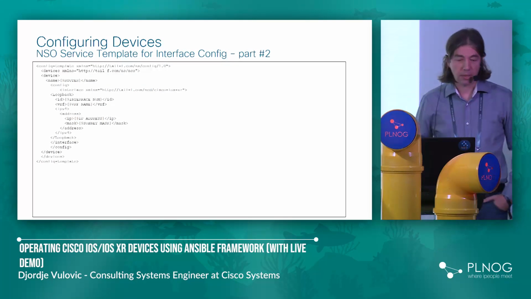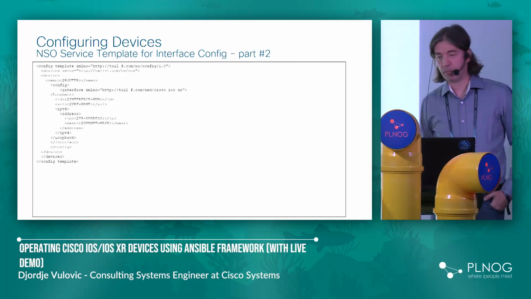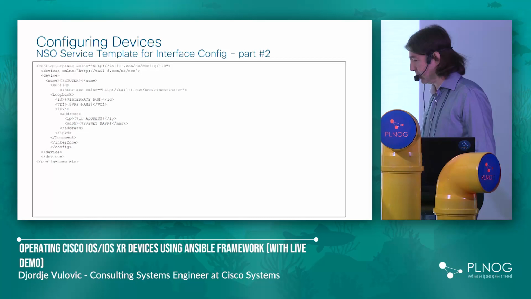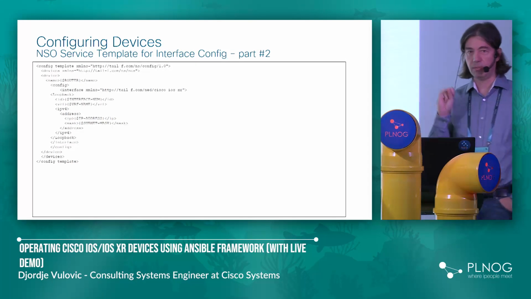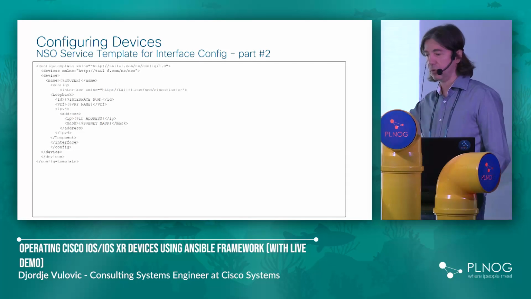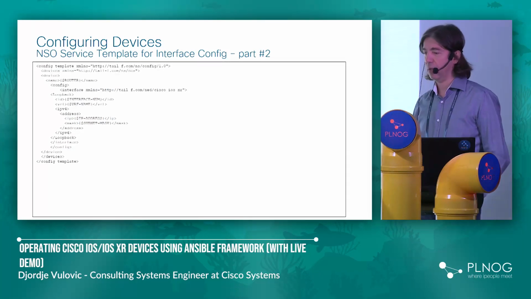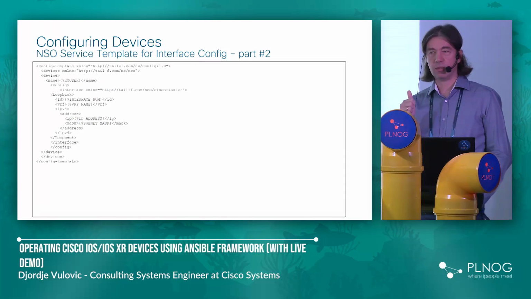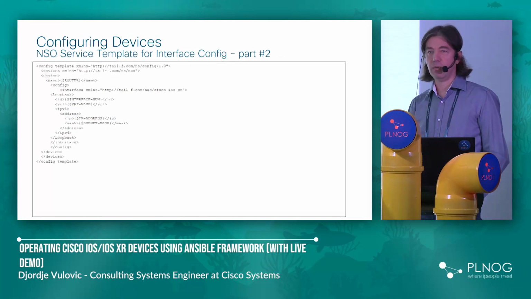Why are the XML templates actually much better? In some presentations, I do a very simple thing. In this Jinja template that we used for configuring IOS XR, I just add a space as the first character, and everything fails.